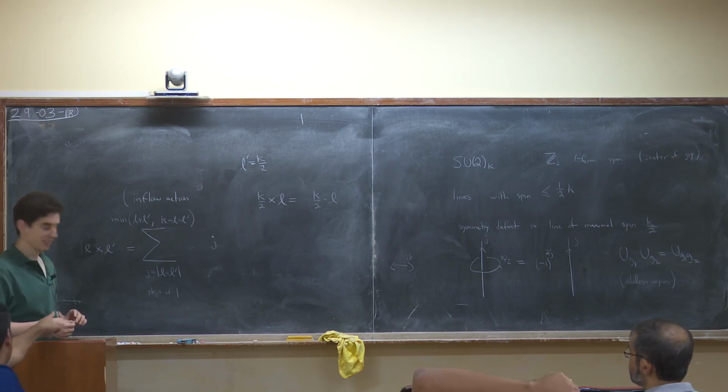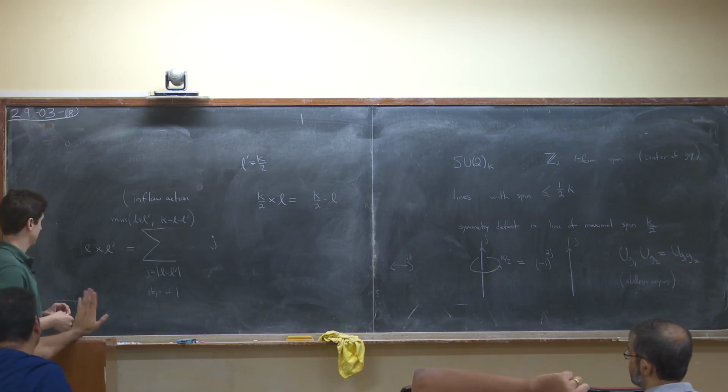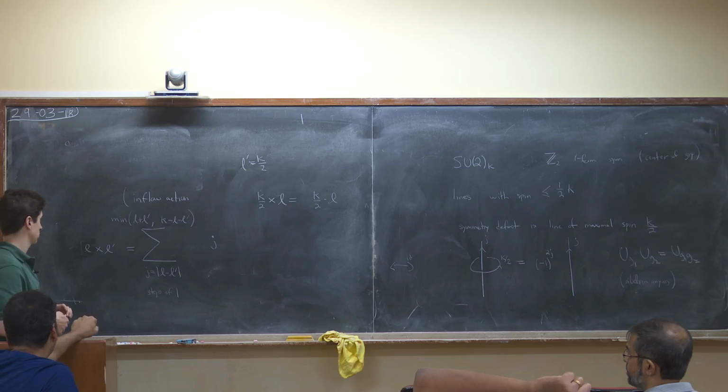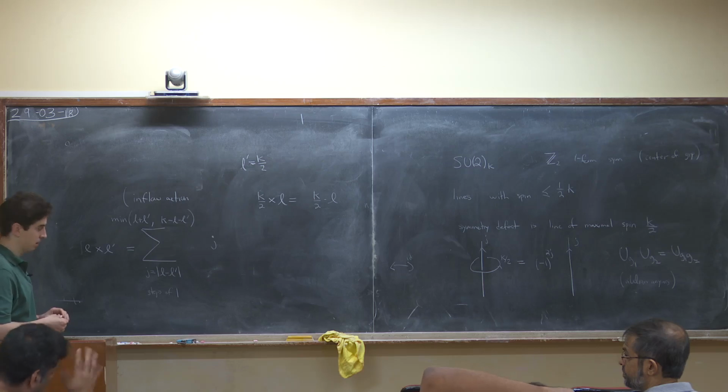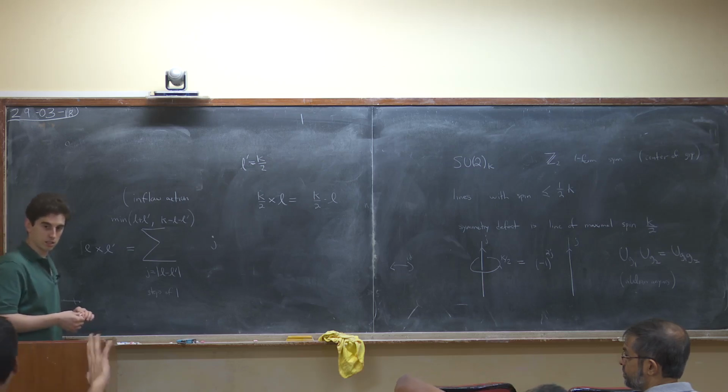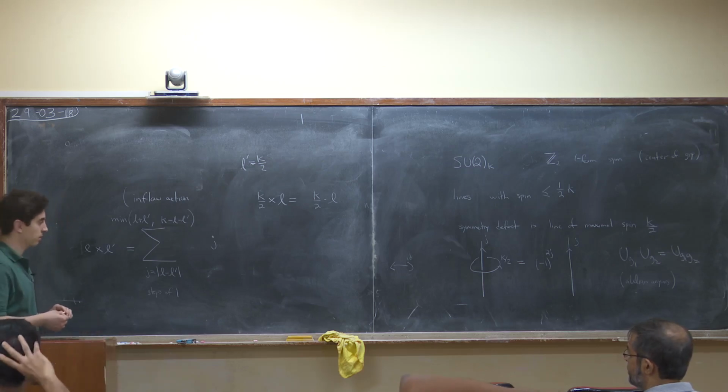In SU2, you always get either one representation or 0. When do I get 0 representation? Sorry, I'm saying the 3-point function is 0.